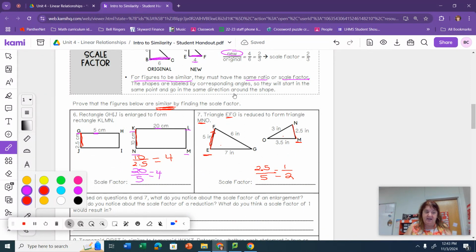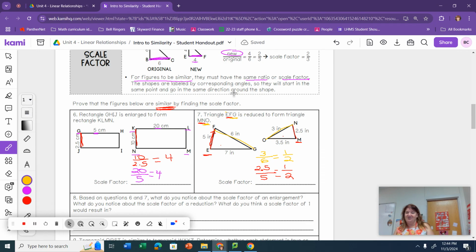So FG, let's do this one in yellow. FG is our new side, and that goes with NO. Okay, so the new is 3, the old is 6, and that is indeed 1/2. So there you go. And then you could also do that with OM and GE, and you would get the same. It's 1/2.